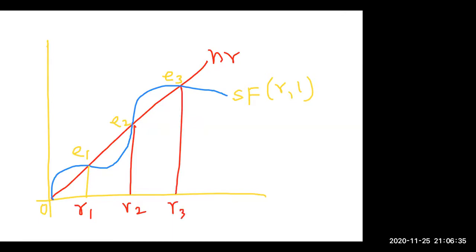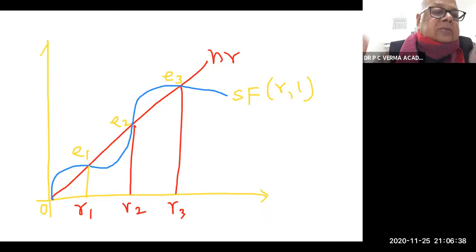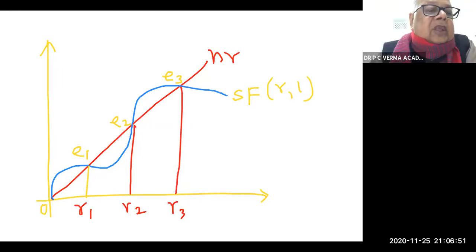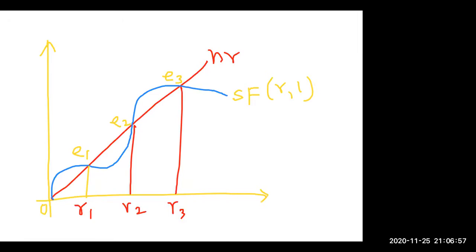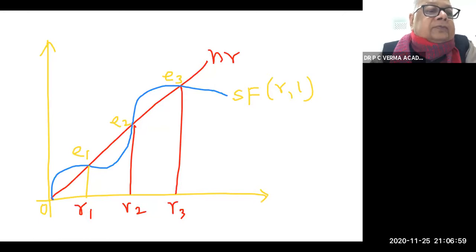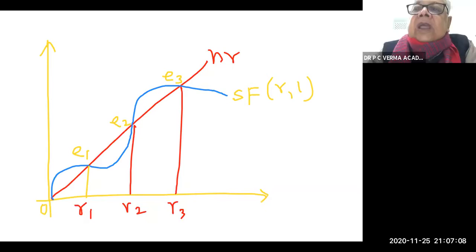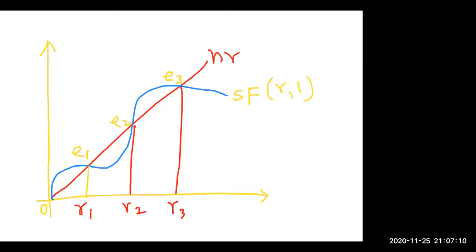When the stock of capital increases, the marginal productivity of capital decreases. The NR line passes through the origin.